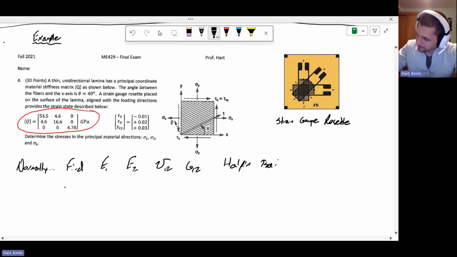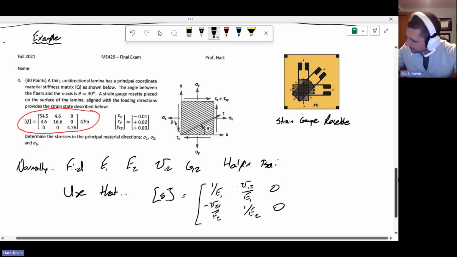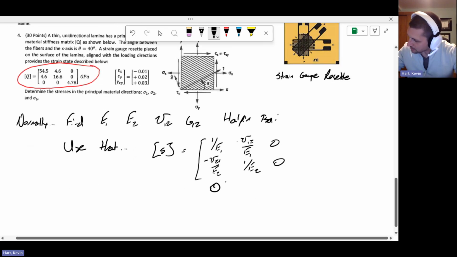Use that to populate S, which remember looks something like 1 on E1, negative nu 1, 2 on E1, 0, negative nu 2, 1 on E2, 1 on E2, 0, and 0, 0, 1 on G1, 2.